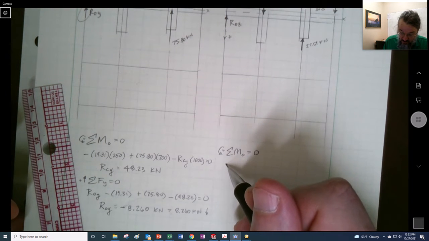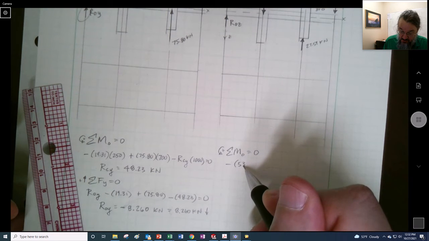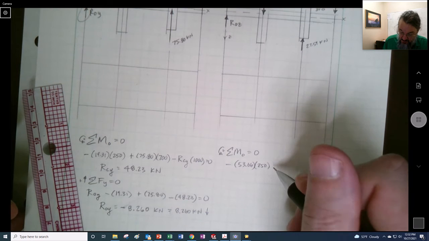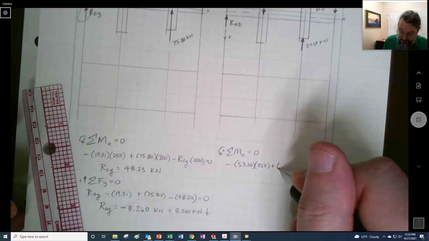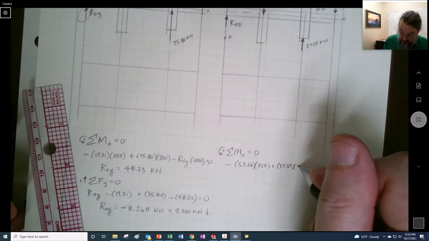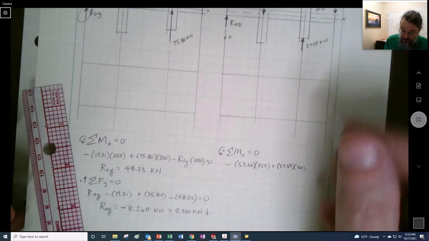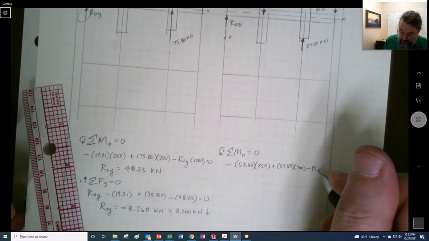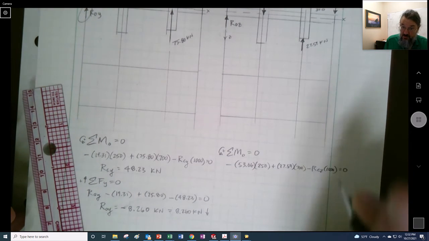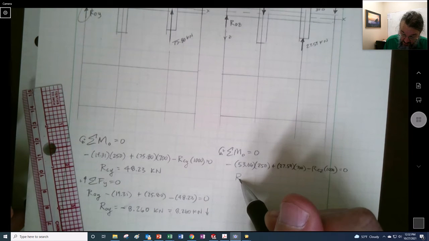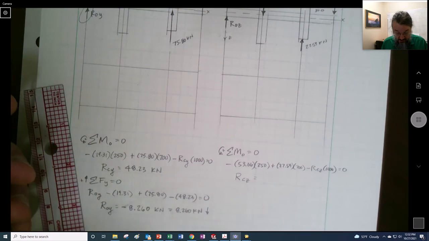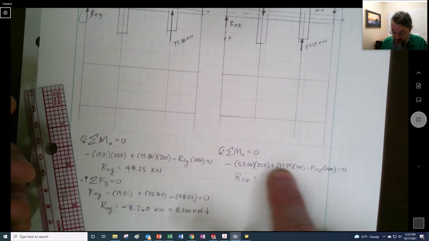We're going to go clockwise with our 53.06 times our 250, and then plus our 27.59 times our 700. And then once again, we're going to have a negative RCZ times 1,000. And I didn't stay within my margins. So my RCZ, worth doing slowly here once again. I'll start with this one, make that positive.